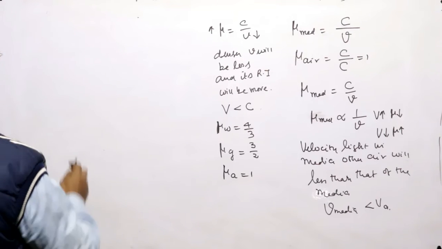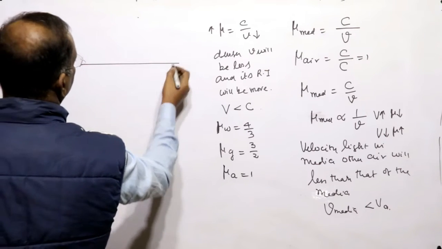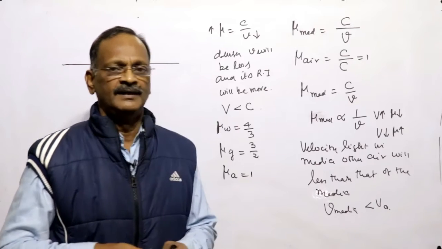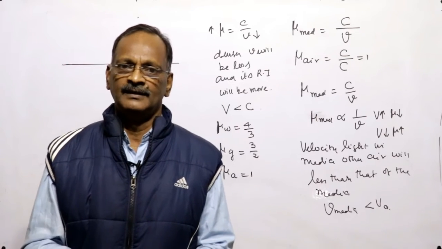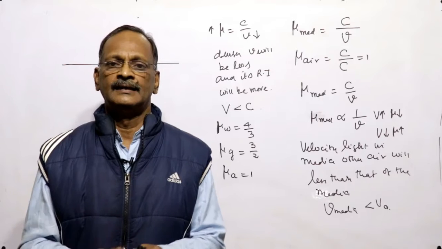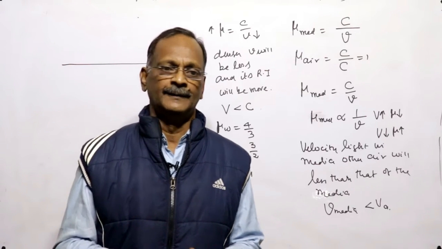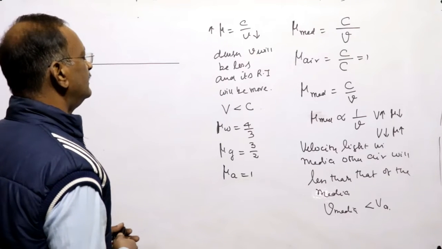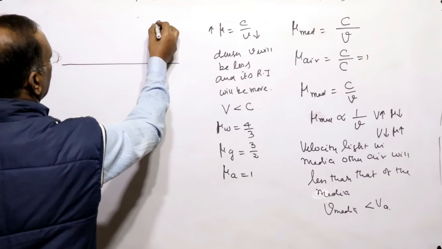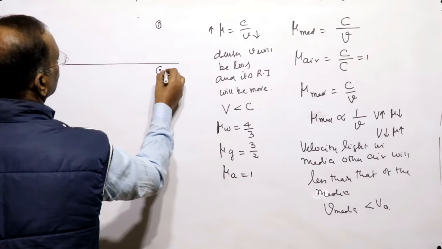Now let us take two media first. What is a rarer medium and a denser medium? In a denser medium, the velocity of light will be less. In a rarer medium, the velocity will be more as compared to the denser medium. Suppose this is medium 1 and this is medium 2.